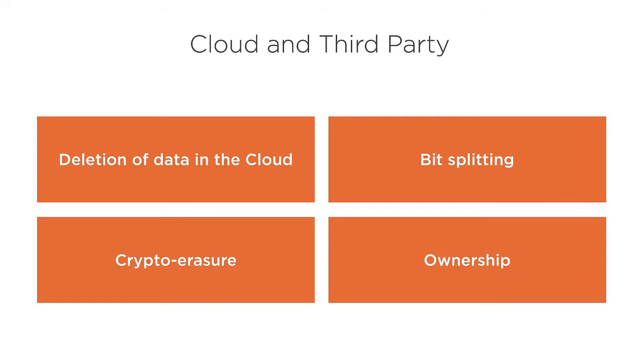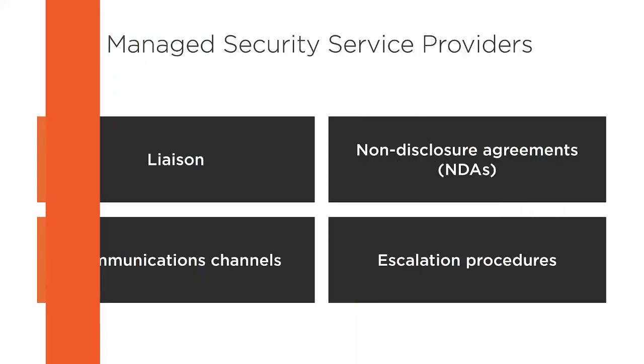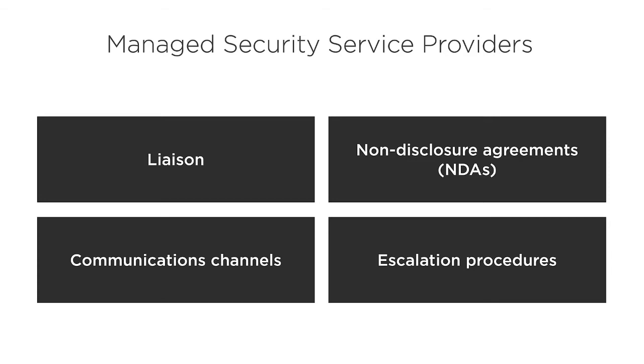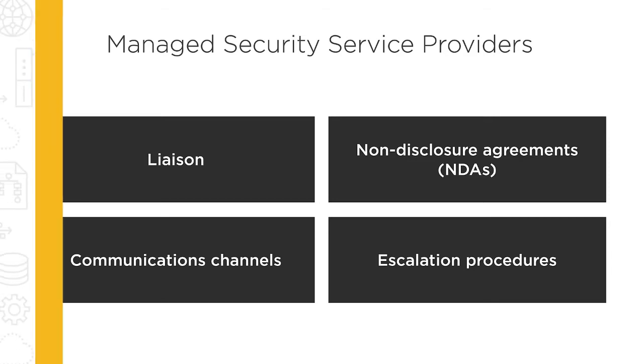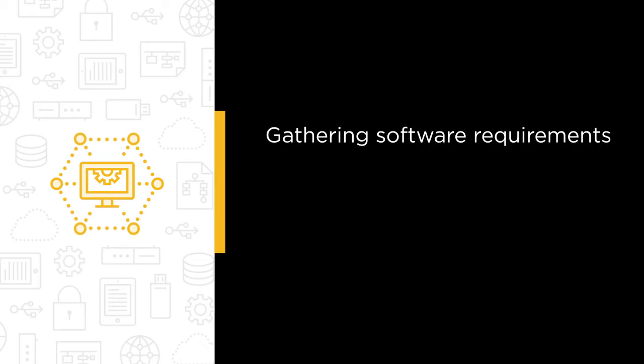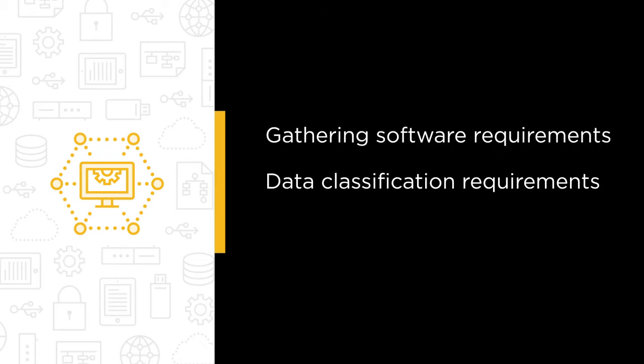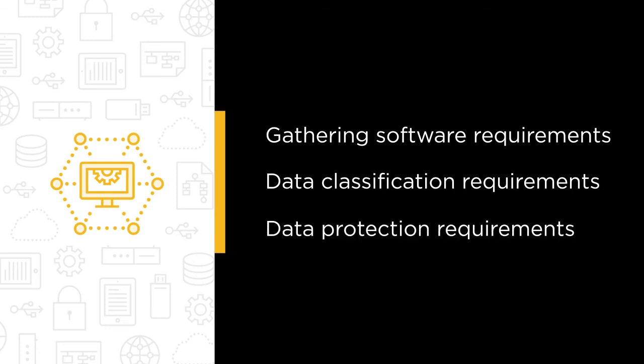Software projects often fail due to poor requirements gathering. This impacts both the function and security of the software. Through this course, you'll learn the process of effective requirements gathering. We'll cover gathering software requirements, data classification requirements, and managing data protection requirements.